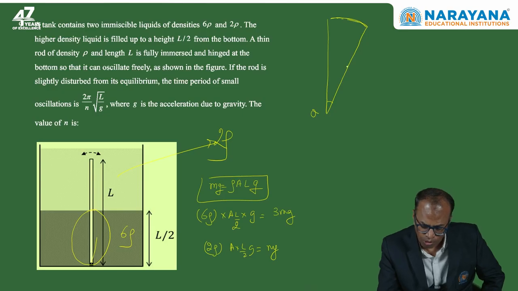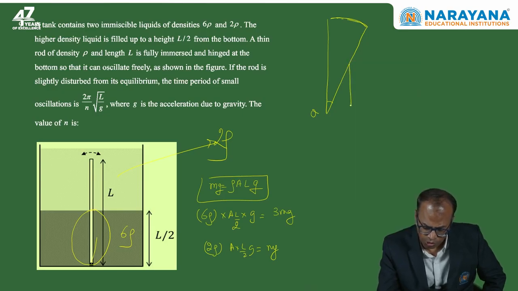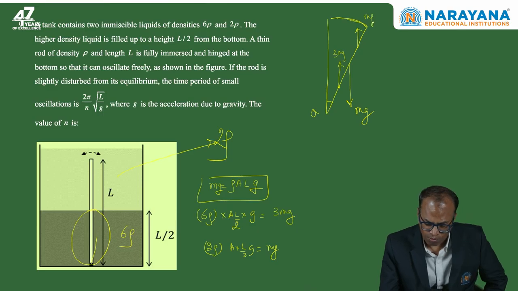Now this body is experiencing a force mg at its center of mass, which is the gravitational force. It is experiencing a force like this, which is 3 mg, and a force like this, which is mg. This is L by 4.